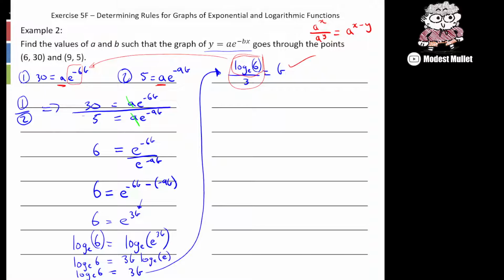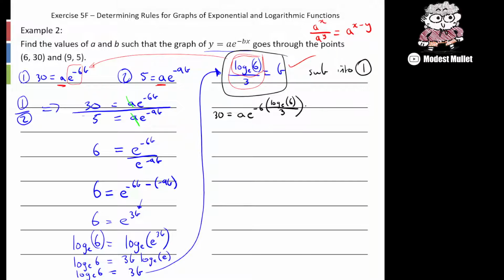So let's do that. We're going to substitute all of this into equation 1. So we're now going to get 30 is equal to a times e to the negative 6 of log to the base e of 6, all divided by 3.